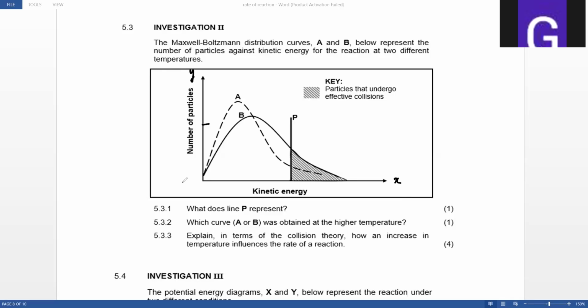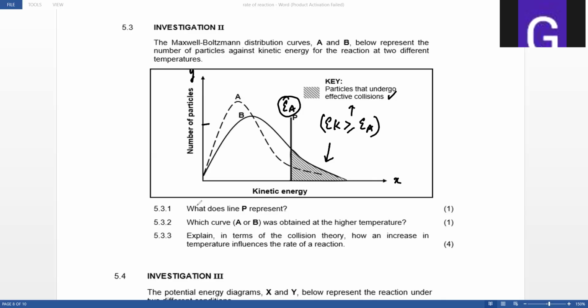This is for the reaction at 2 different temperatures. You are told that this shaded region is the particles that undergo effective collision. The line P here is our activation energy, as I said. So this is the area where the kinetic energy is greater than or equal to the EA, so particles have sufficient kinetic energy.